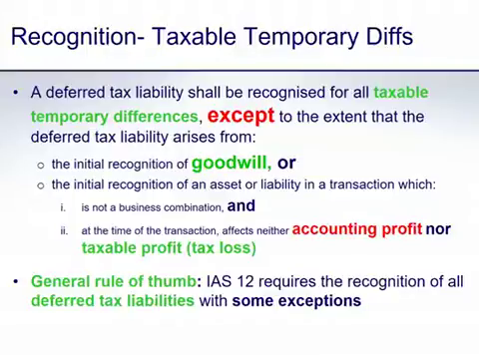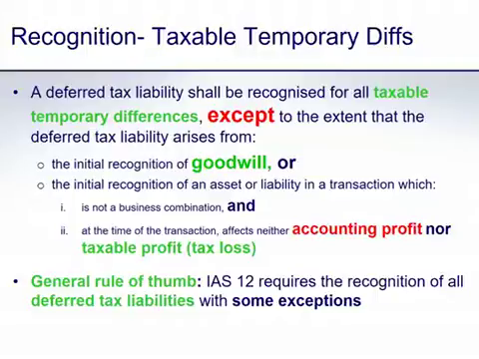To give an example of such a scenario, consider an asset that is acquired for which there are no taxable deductions available. So, for example, a capital asset is acquired and the tax authorities do not permit any deductions relating to that asset for tax purposes.